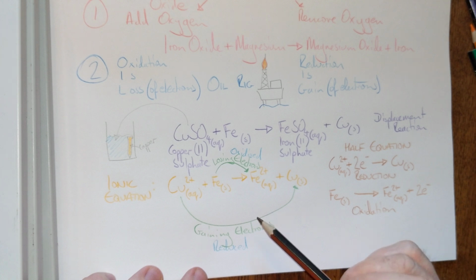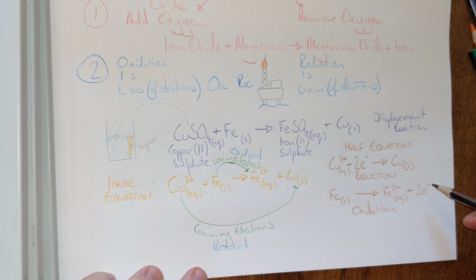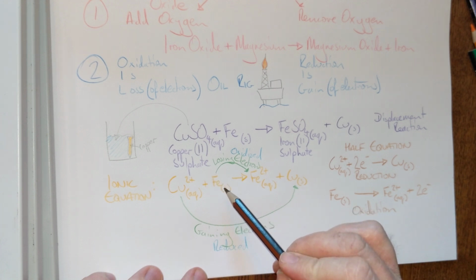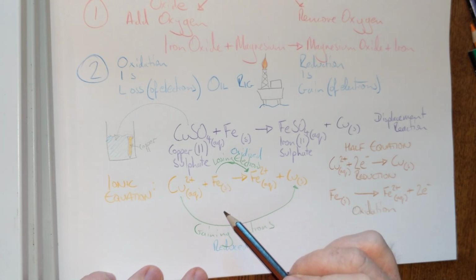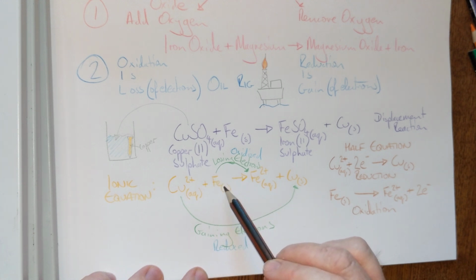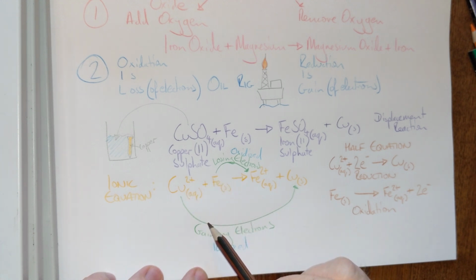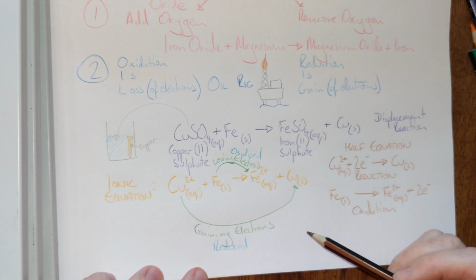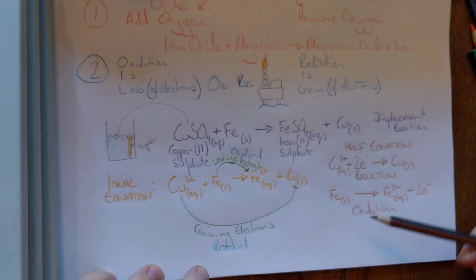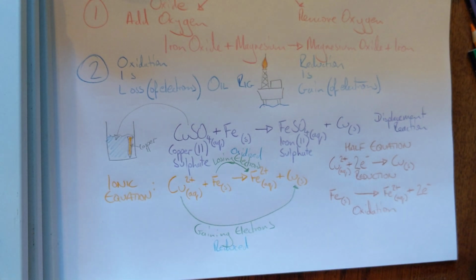Hopefully that's fairly self-explanatory. Those 2 electrons there come from the iron, and the iron is giving those electrons to the copper in order for the copper then to turn into solid copper. So it's just another way of showing where the electrons go.